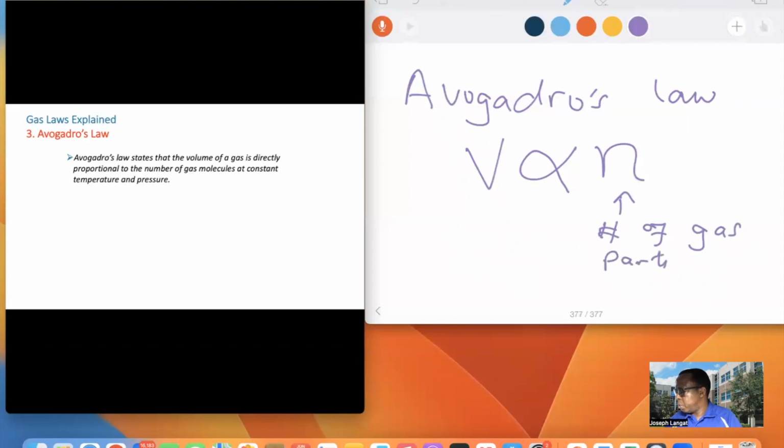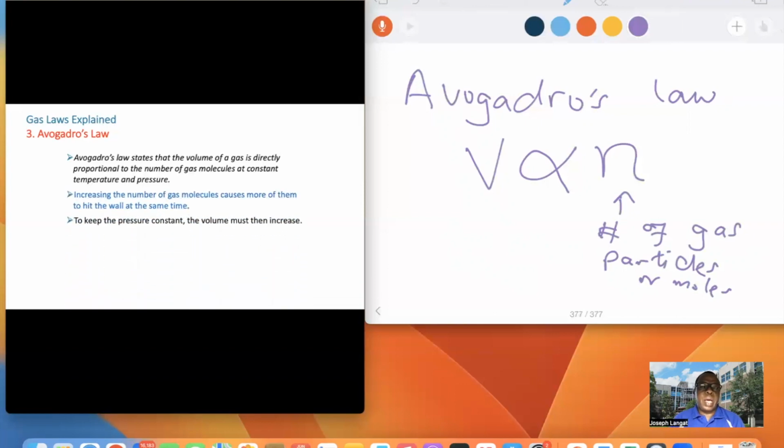You can say particles or moles, moles is the same thing. From the kinetic molecular theory of gases, increasing the number of gas molecules causes more of them to hit the wall of the container at the same time, and therefore to keep the pressure constant, the volume must increase.